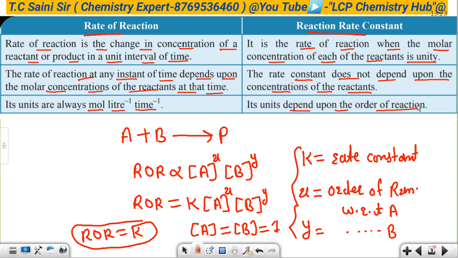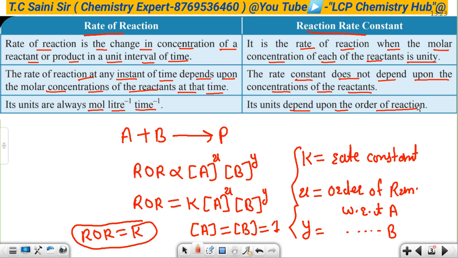That means for a zero order reaction, the unit of rate constant is different from a first order reaction. As the order of reaction changes, the unit of rate constant will change.